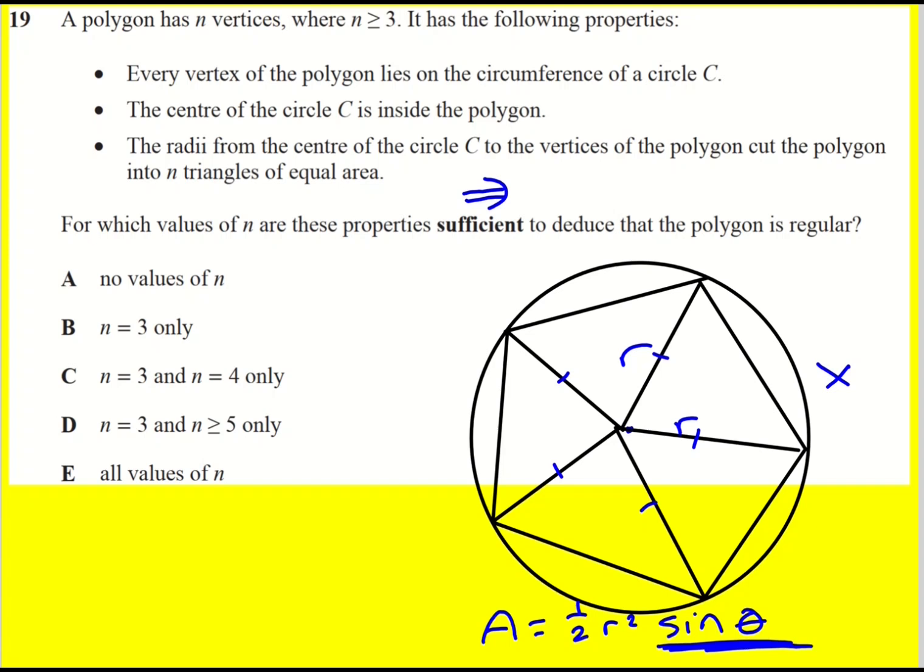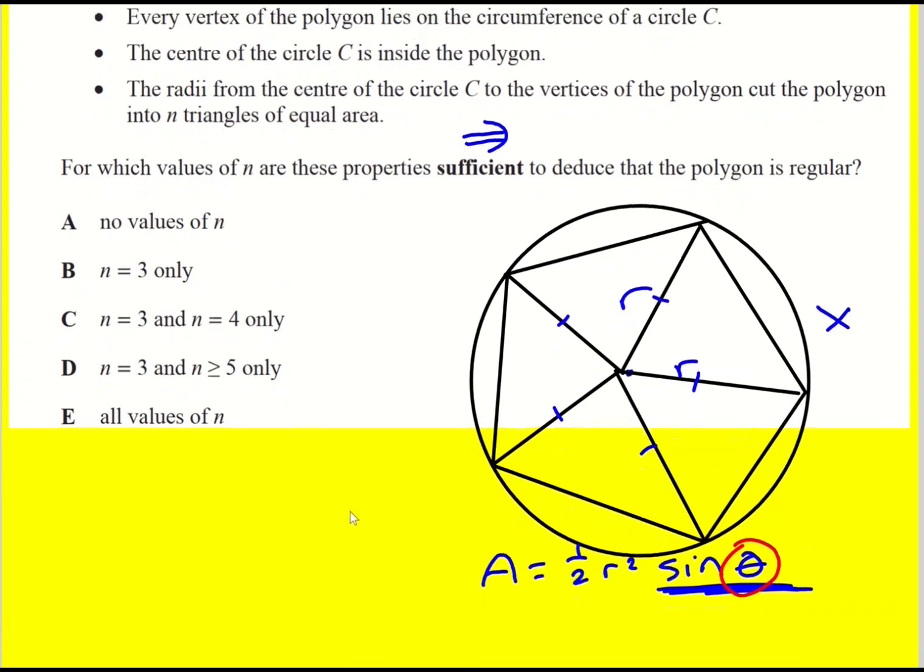Of course, if the angles were all identical, we would get sine theta being the same and hence a regular polygon. What this question is really getting into is: is it possible to have unequal angles that give you the same value of sine theta, and so the same area of your triangles, but not a regular polygon? Let's take a look into it.